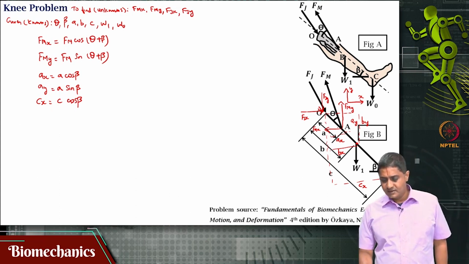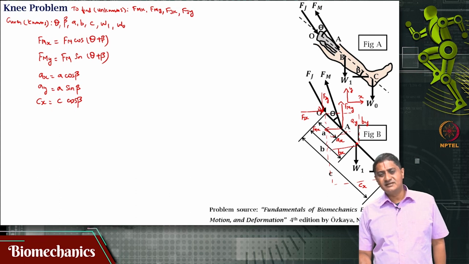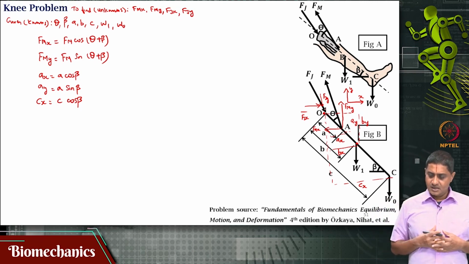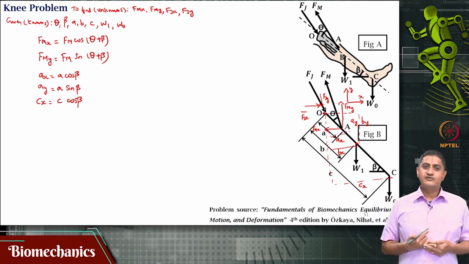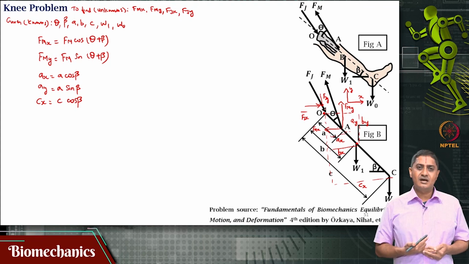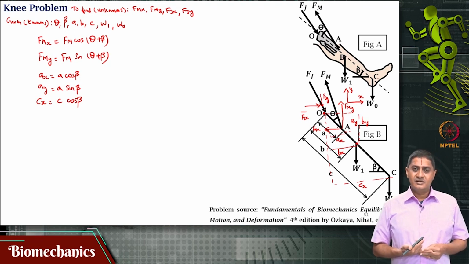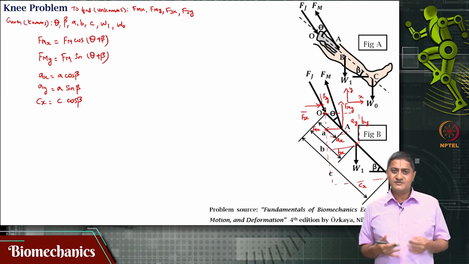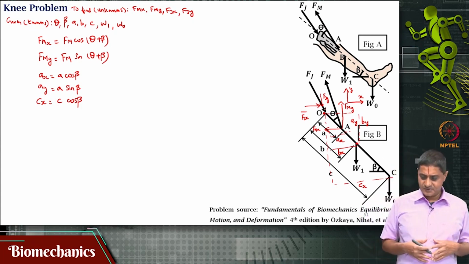Now, to solve this, I think it would be convenient to take the moment about the point O here. So, I am just connecting here about that point. Why? Because the joint reaction force Fj is acting along O. So, if I take the moment about that point, then the components of the moment due to this force will disappear because the moment arms are 0.